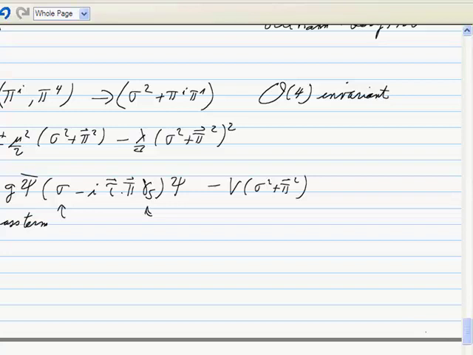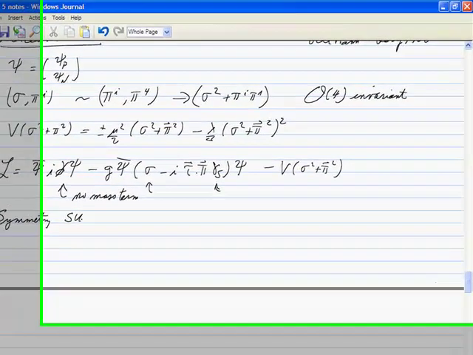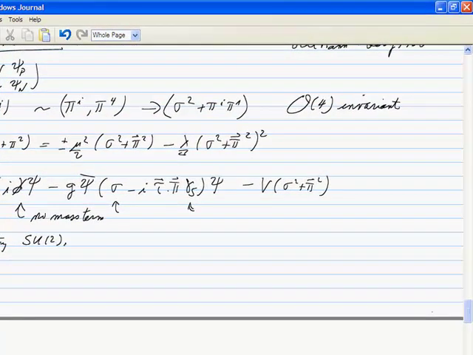Now, the point of the homework is to show that there is an enhanced symmetry. It's not O(4). The symmetry is an SU(2) on the left-handed fields and an SU(2) on the right-handed fields.